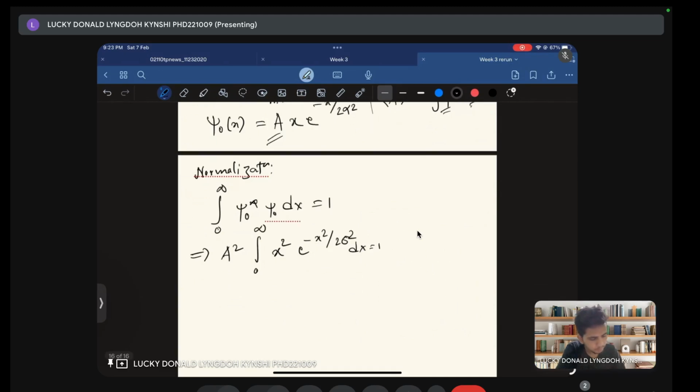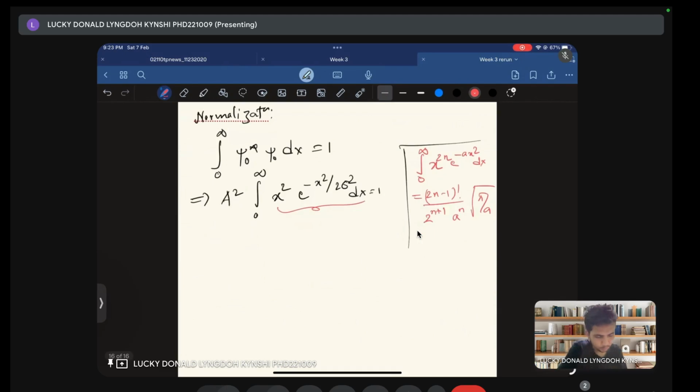This is a standard formula which you can get from any mathematical textbook: the integral from 0 to infinity of x^(2n) e^(−a x²) dx equals (2n−1)! divided by 2^(n+1) a^n times the square root of π/a.